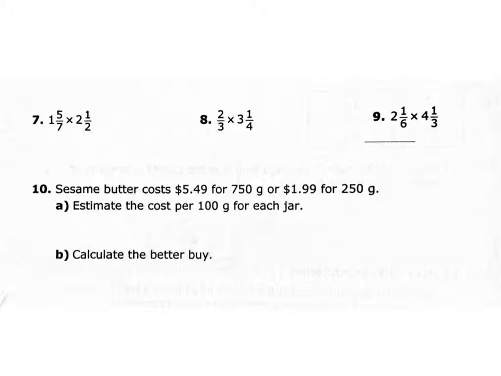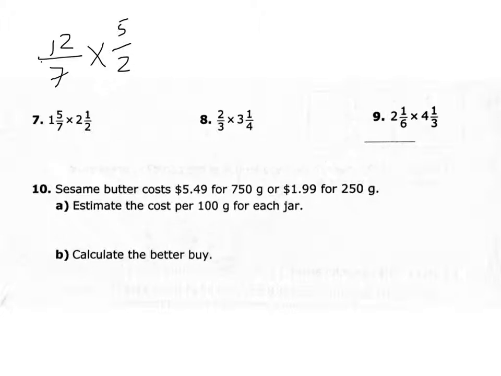So 7, let's look at this. 1 times 7 is 7, plus 5 gives you 12. 12, and again, here, your denominator doesn't change. It's still 7. Times 2 times 2 is 4, plus 1 is 5, over 2.